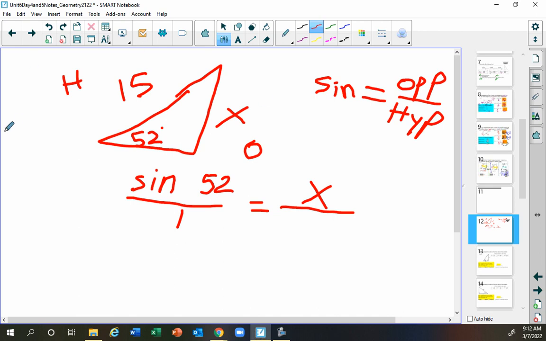Okay, so this is number 4. I don't know how I lost that slide just now. All right. And then the hypotenuse was what number? What was our hypotenuse, ladies and gentlemen? It's right here. Okay.